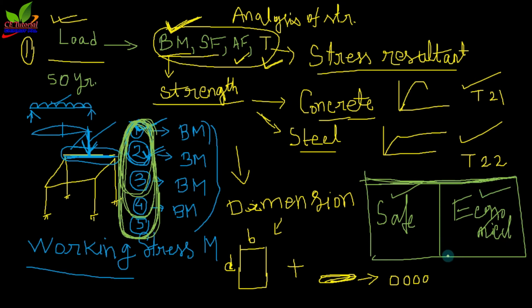So the structure should not be costly. So what should I do right now? Should I consider some loads or should I consider all loads? So you see that if I consider all those loads, the structure will not be economical. The structure will be very costly. Okay, so we have to assume some type of load here, so that the structure will be safe and also economical.